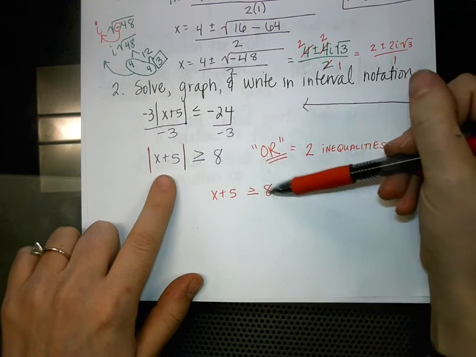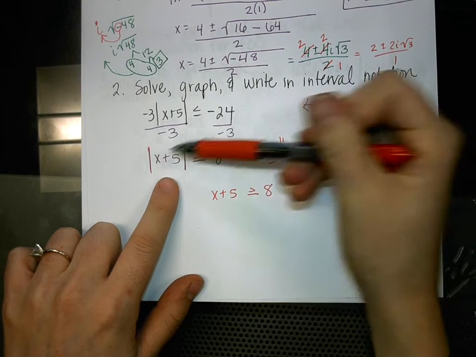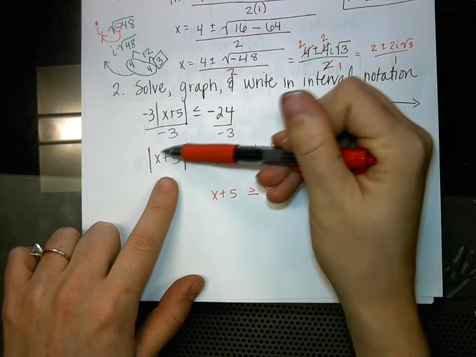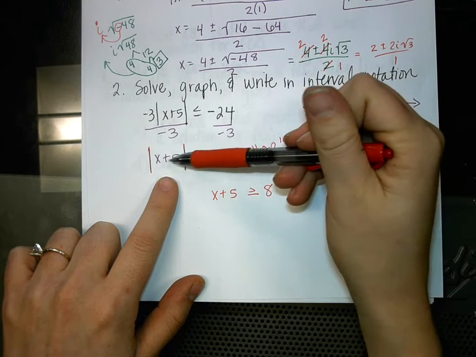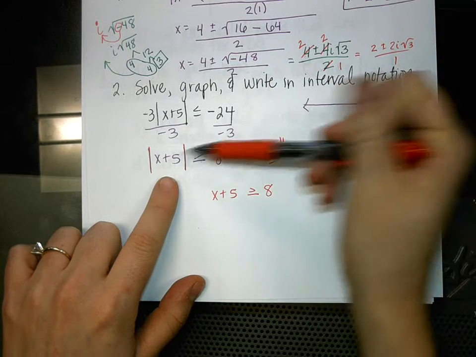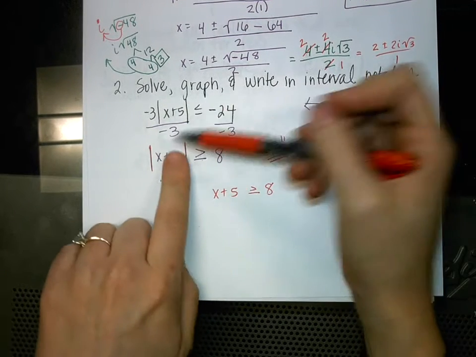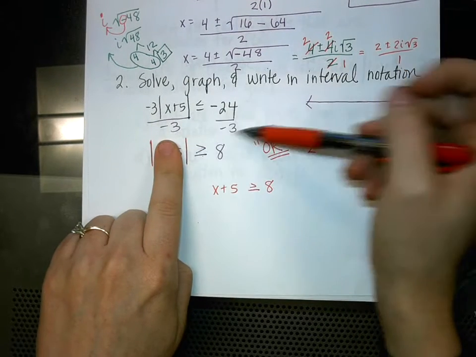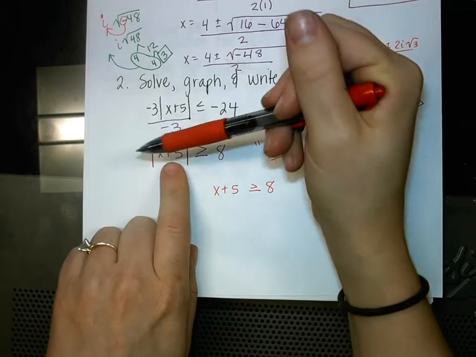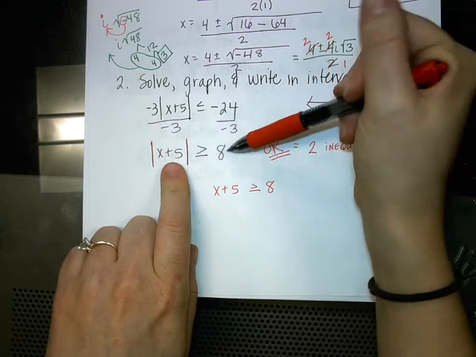Notice that everything is the same except I don't have the absolute value anymore, because I'm just talking about whatever's inside the absolute value needs to be greater than or equal to 8. In other words, if I replace the x plus 5 with a 9, would this statement be true? The absolute value of 9 is 9, and 9 is greater than or equal to 8, so that works.